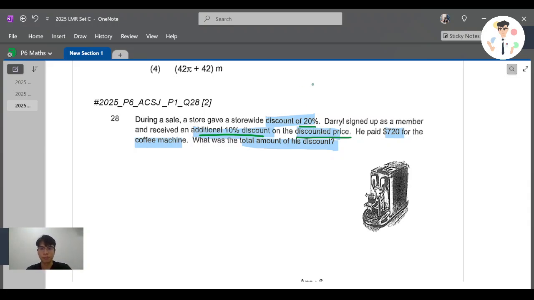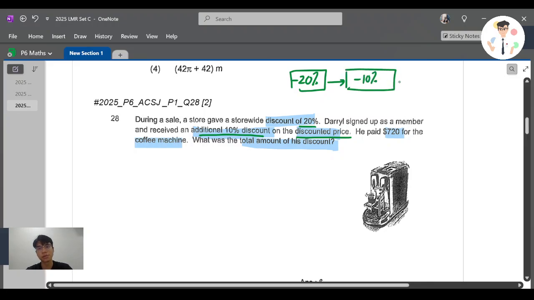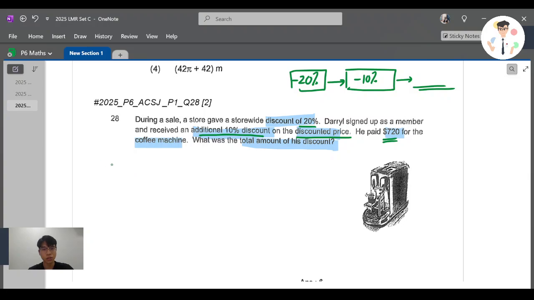So you need to understand that there's a 20% discount at first, then minus 10% discount, and then this is what you need to pay. So the first thing you should understand is that at the end you pay 720.